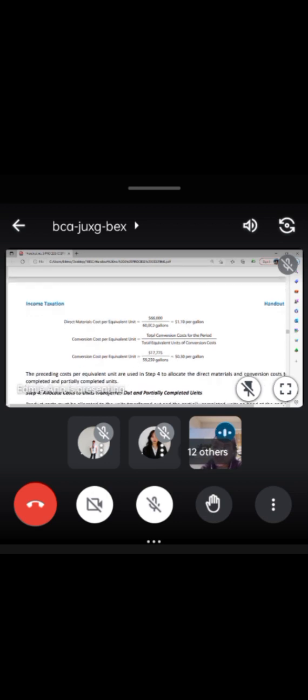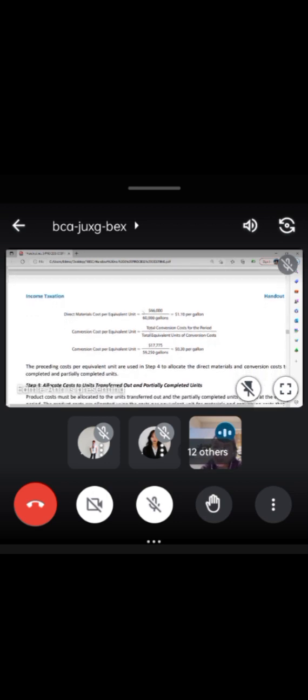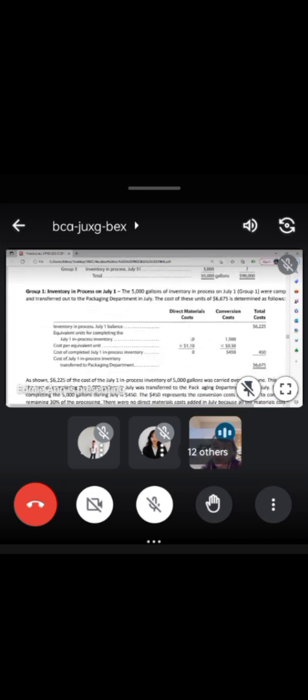Mao man ni ang ato assignan, ning 60,000. Now since 60,000 naman na siya, wala diray labot ang 5,000 nga beginning. That's why gi-multiply nato siya sa 0. Okay? Kaya wala may labot sa atong gi-assignan og cost ang beginning inventory.